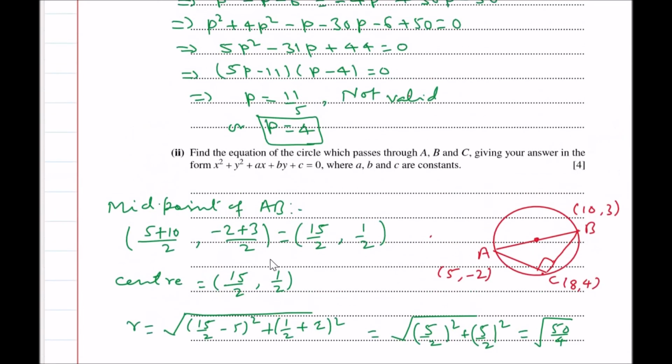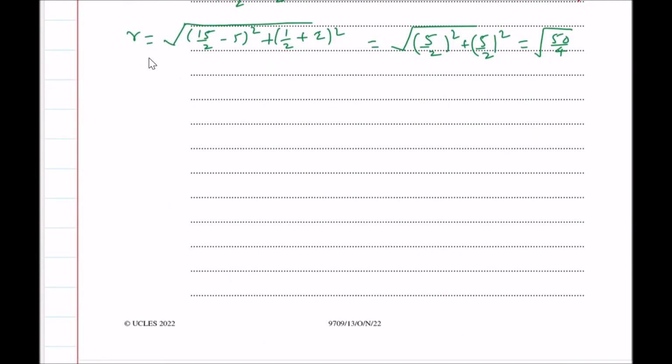Now the equation of the circle. The equation of the circle is given by (x minus the x coordinate of the center, which is 15 by 2) whole square plus (y minus 1 by 2) whole square is equal to r square. So r is root under 50 by 4, so squaring it, that means only 50 by 4. Okay.